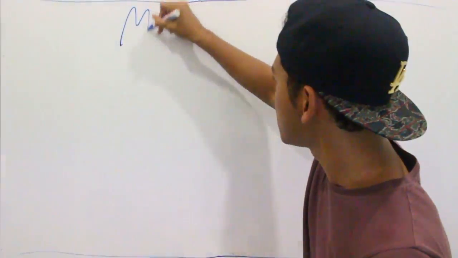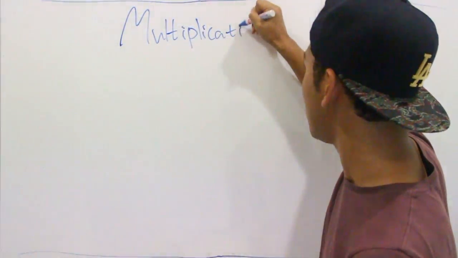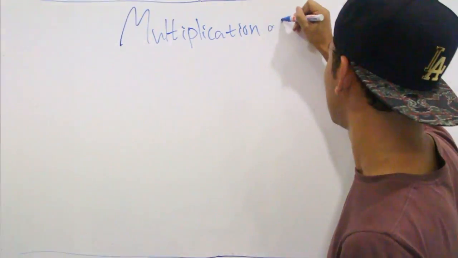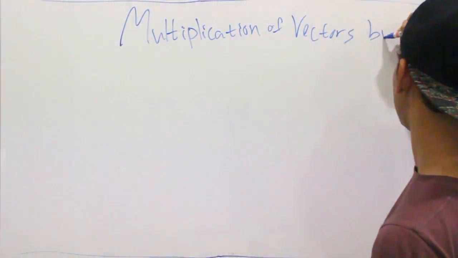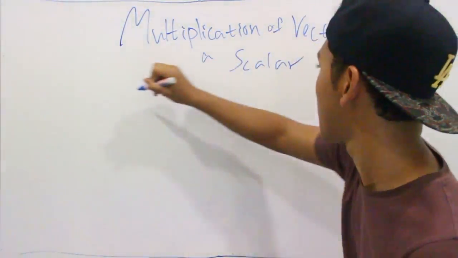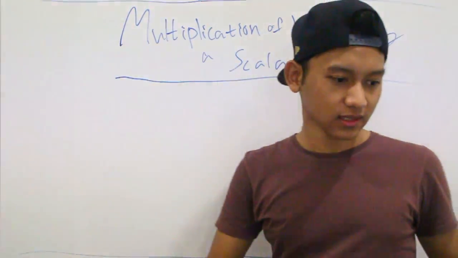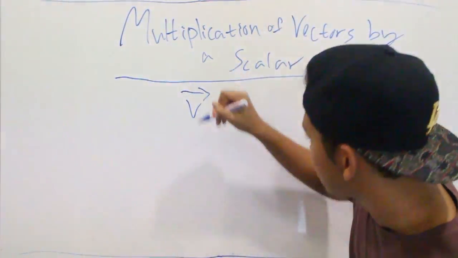Now we're going to talk about the multiplication of vectors by a scalar. Let's say vector v.